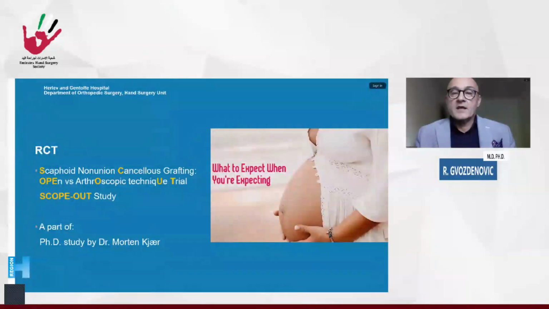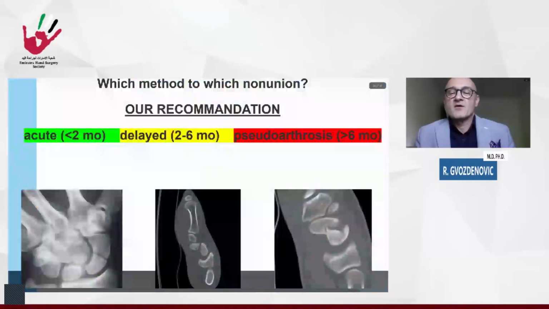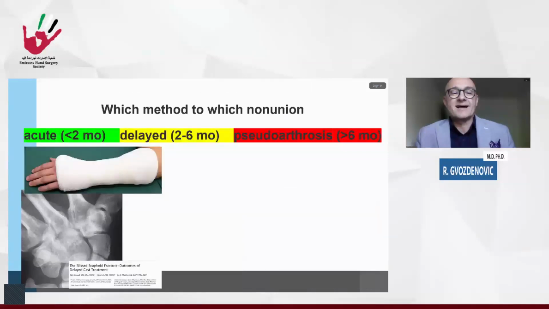deformity. And like Morten explained, we are waiting for the results from our randomized controlled trial, and we hope in a couple of years, maybe 1 year, we will be finished with the study, hopefully. Our recommendation to finish with: in acute settings, up to 2 months post-injury, we recommend casting this injury if it is undisplaced.